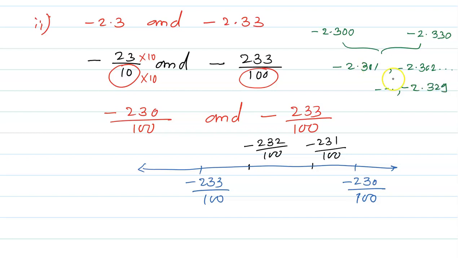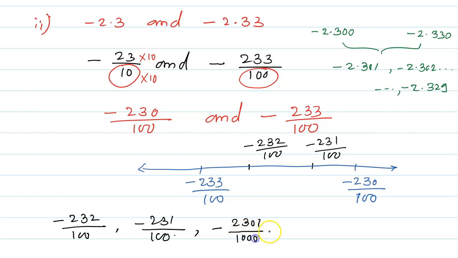Now once we convert those decimals into rationals, writing minus 232 divided by 100, this is one of the rationals. Next, minus 231 divided by 100. Next to it we have minus 2.301, which in terms of a rational, after 3 places there is the decimal, so we get minus 2301 divided by 1000.